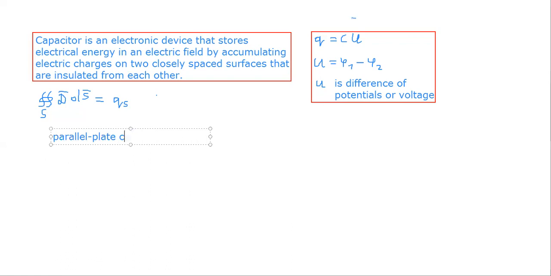What is this? It consists of two conductors that have the form of planes.